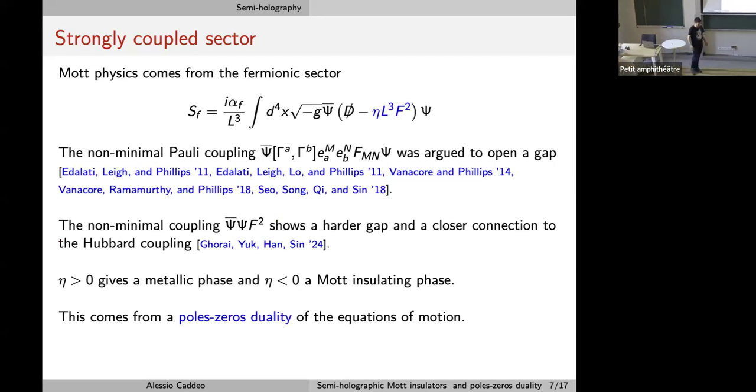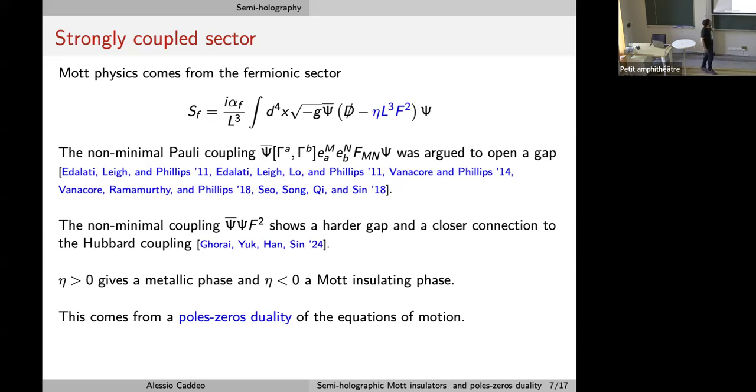The physics of Mott comes from the fermionic sector, actually. This sector is given by the Dirac action plus a non-minimal coupling. The proposal of using non-minimal couplings was put forth already 15 years ago by Edalati, Leigh, Phillips, and these papers.